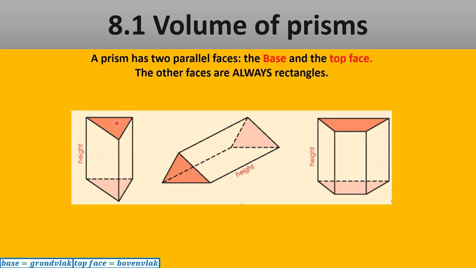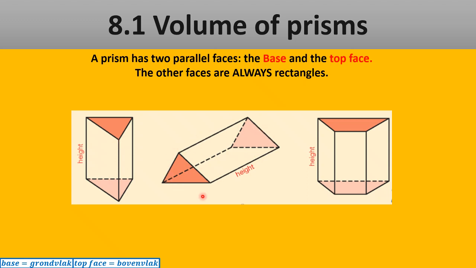How can you find the base and the top face? Well, remember all the other faces in a prism are always rectangles. So for example here, this face to the side is a rectangle, this face to the side is a rectangle, here I have a rectangle in the back. The other two faces are triangles. That means those must be my base and top face.